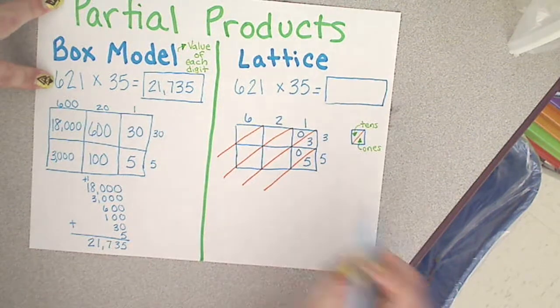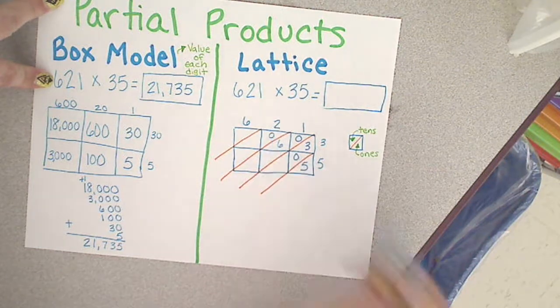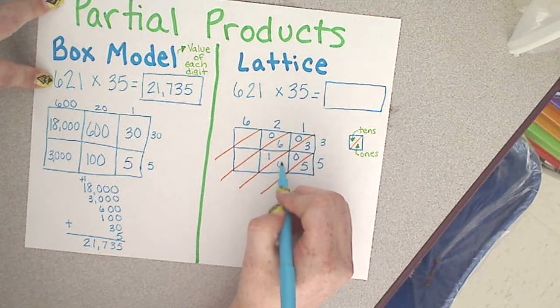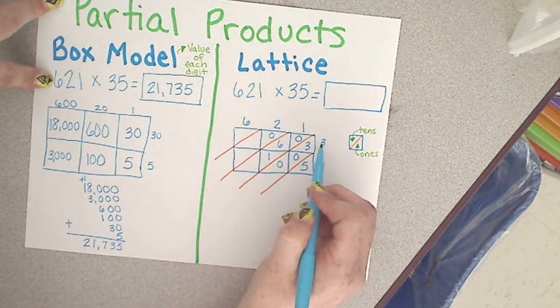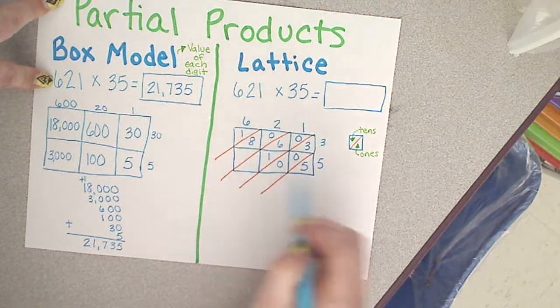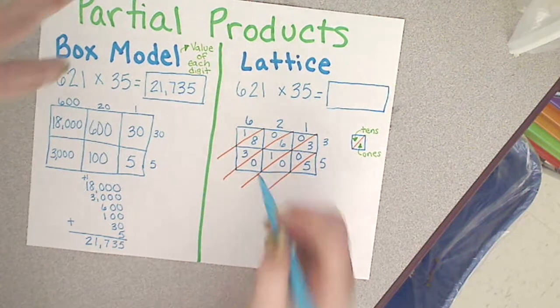No tens. 2 times 3 is 6. 6 has no tens. 2 times 5 is 10. That is 1 ten and 0 ones. 6 times 3 is 18, which means I have 1 ten and 8 ones. 6 times 5 is 30. 3 tens, no ones.